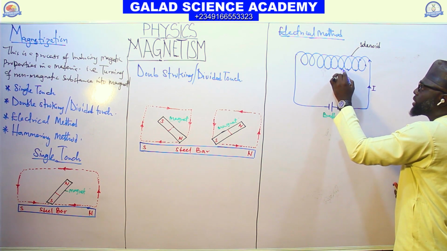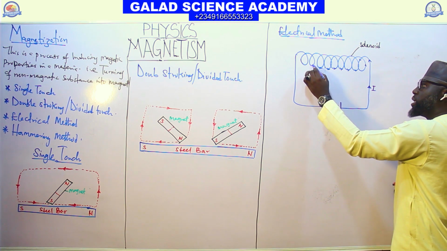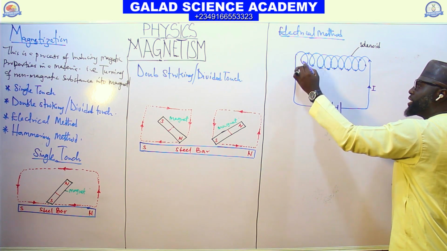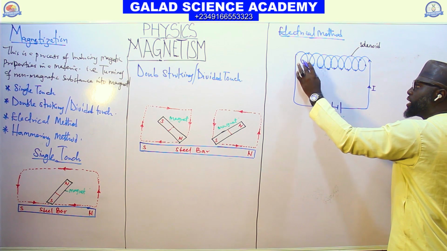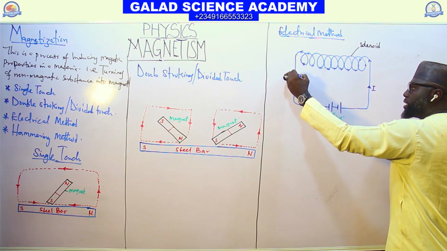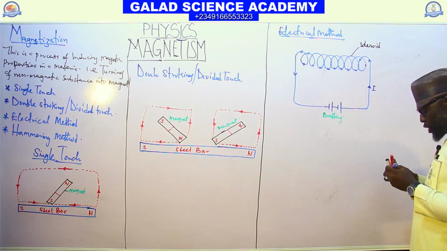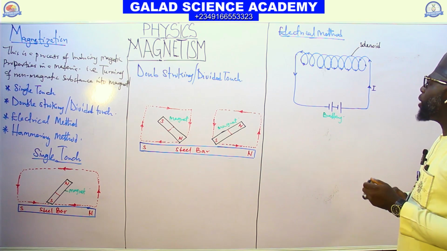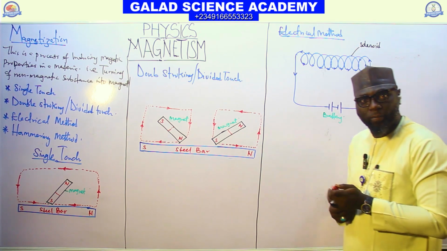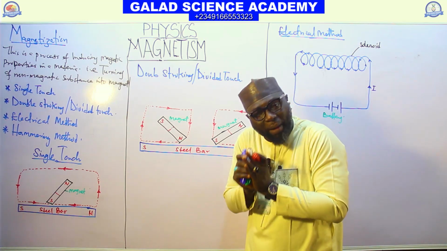So the current will continue flowing like this. So the current is flowing in this way. The next thing now, I will introduce the steel bar, which is a non-magnetic material.